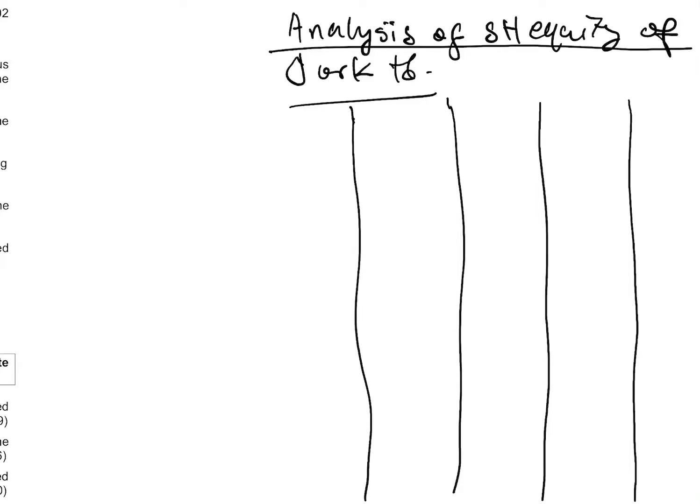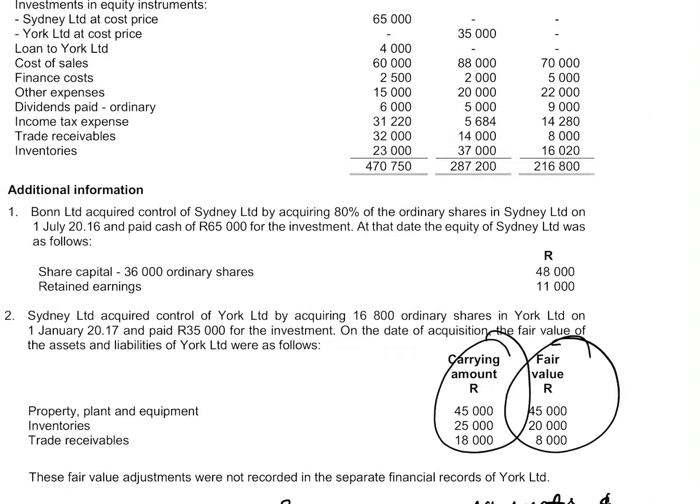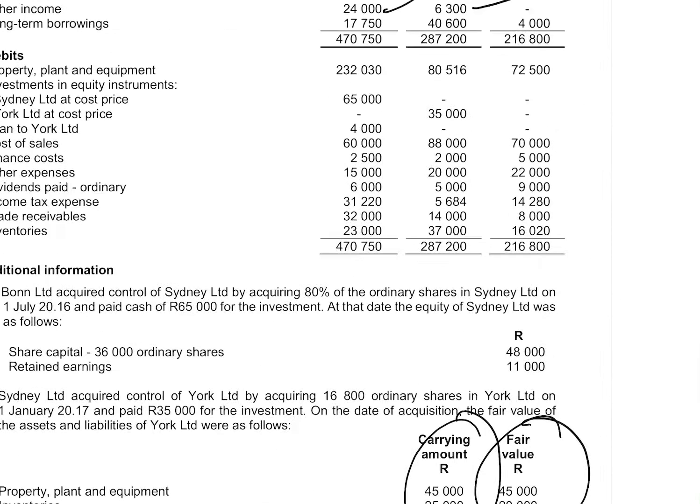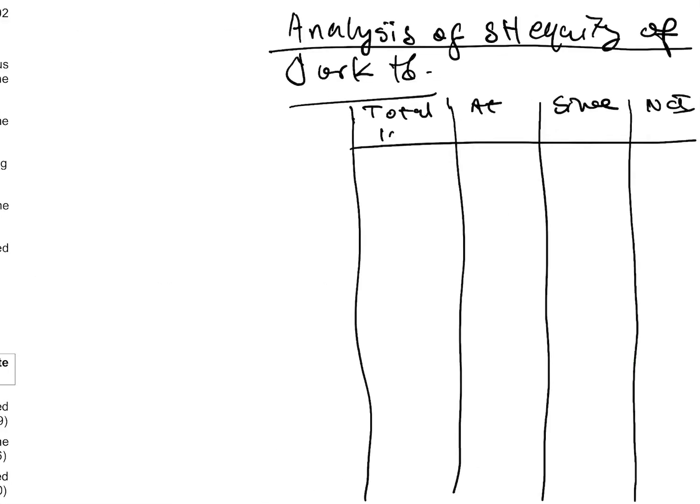So we have our total. Since a non-controlling interest, how many percent do they have in York? They have got 70. So I am going to come and put 100, 70, 70 and 30. Right, so we are done.